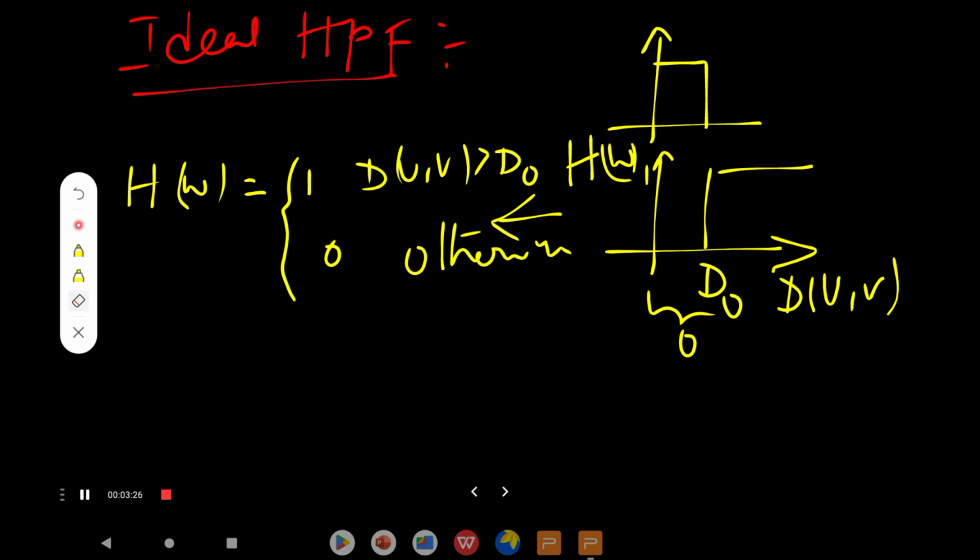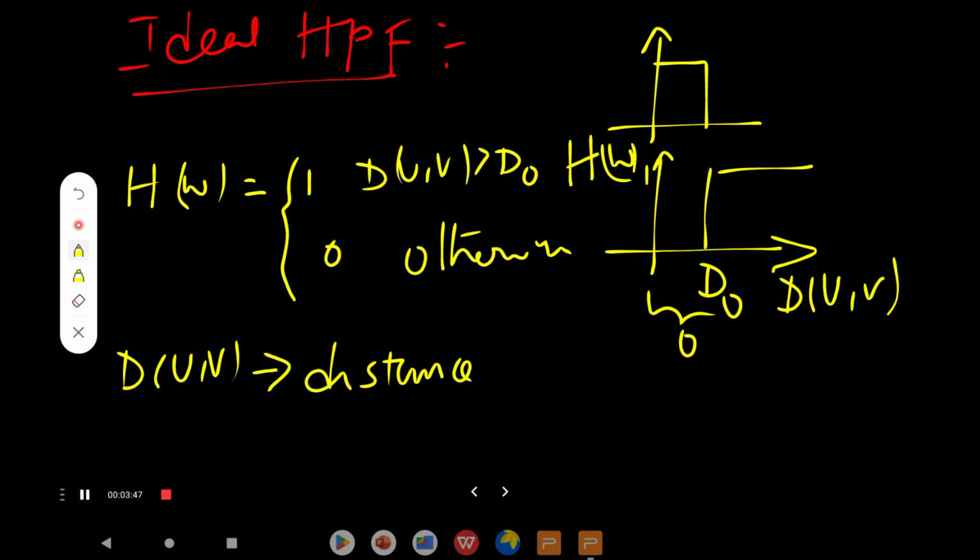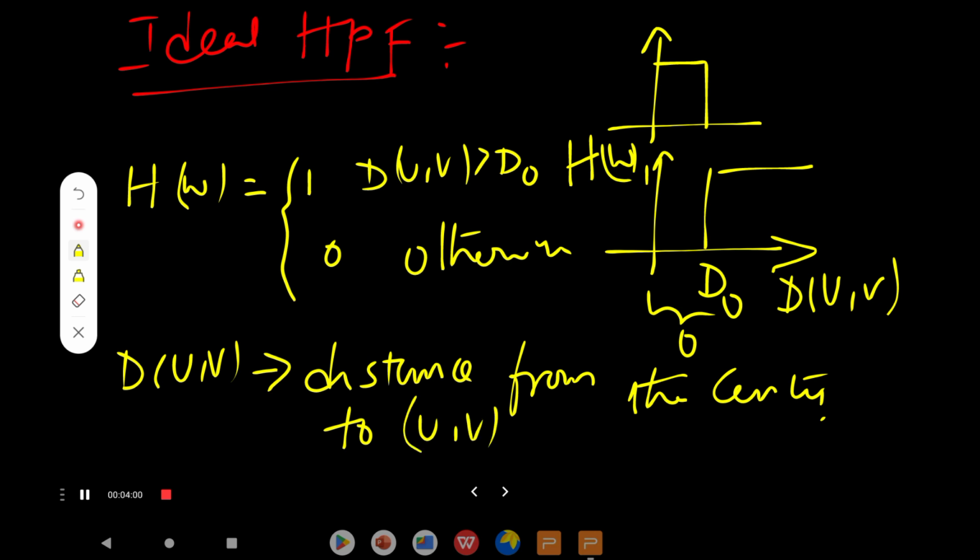So this is the representation for the high pass filter, where I think all of you have some idea that D of U comma V is the distance from the center to the U comma V variables. That is also a very important parameter.